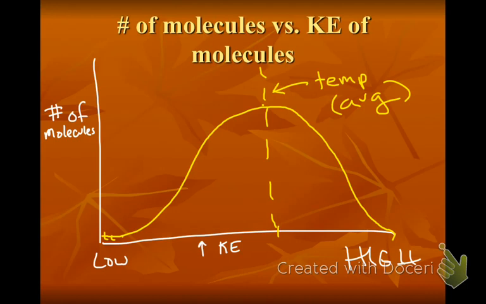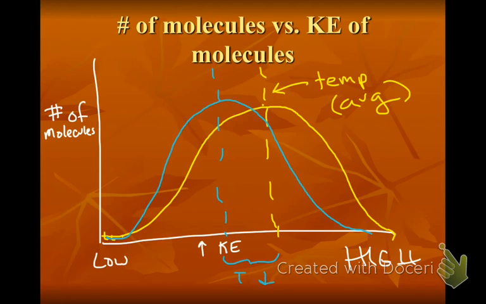Now let's say our puddle on our desk gets really cold in our room, so the temperature drops. So what that means is that the average energy of our molecules goes down. So you might think of that as something like this, where if the temperature in the room drops, we still have our bell curve, but now that average is somewhat lower. So the average kinetic energy is lower, which means the temperature is going to decrease.